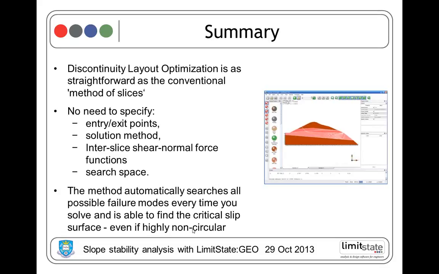And it automatically searches all possible failure modes, so it can find a highly non-circular slip failure or slip mechanisms that you didn't expect. And this mechanism on the right here is quite a nice illustration of an embankment with a layer of weak soft clay in the middle, and that's actually undergoing squeezing, an extrusion, which would be quite hard to model using a slip circle type approach.